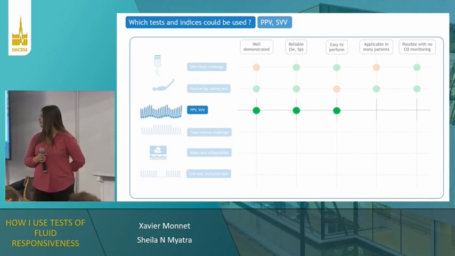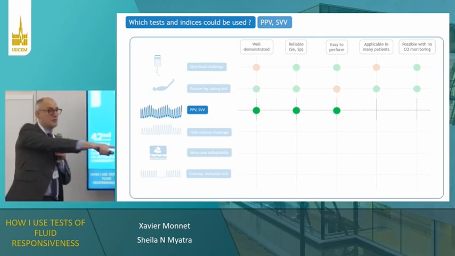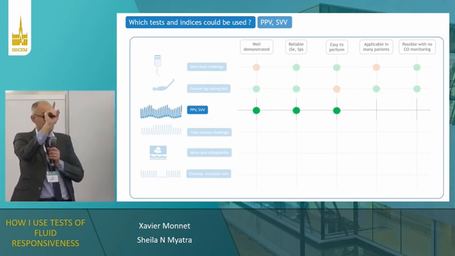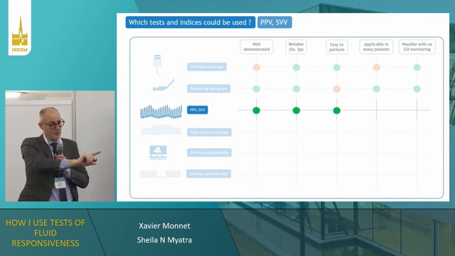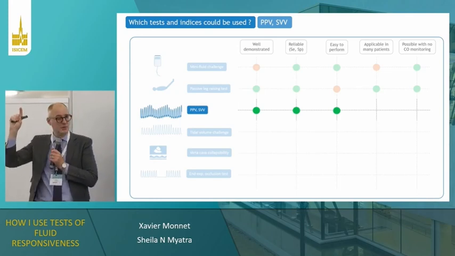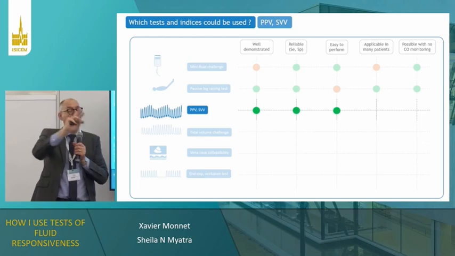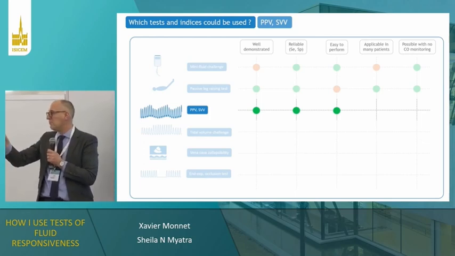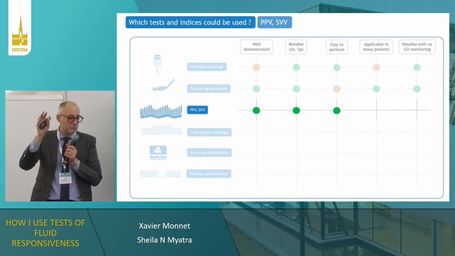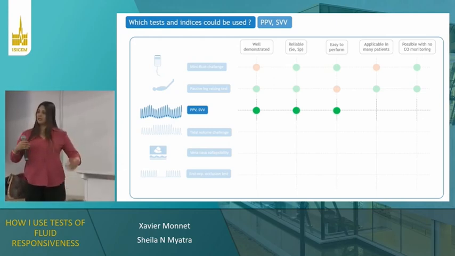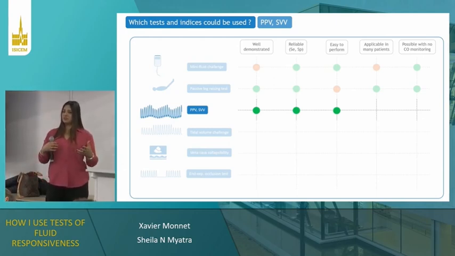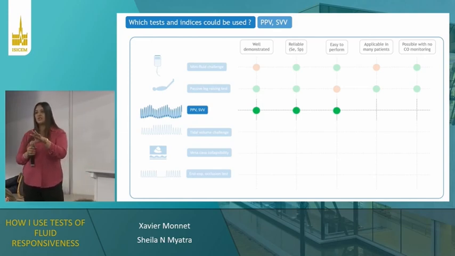First, spontaneous breathing, even in intubated patients. Second, arrhythmias. Low tidal volume, likely below 8. Also open thorax, anything that will interfere with heart-lung interaction. But the most common limitation is low tidal volume.